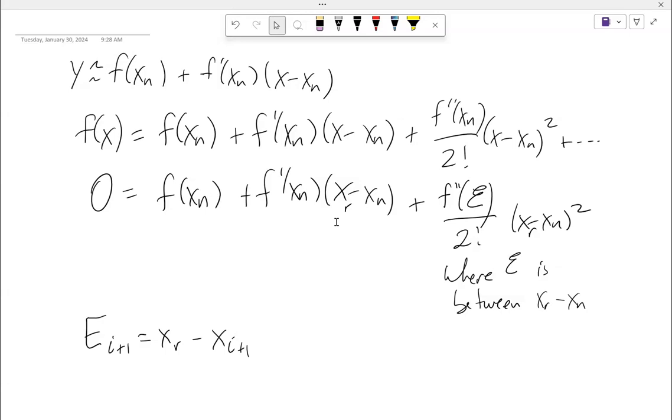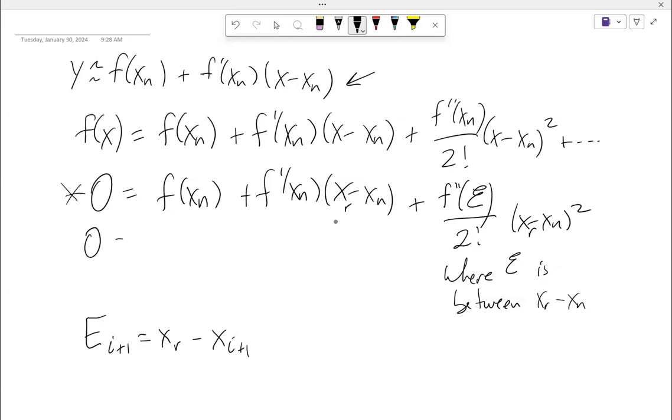Right? Yeah. So right now we've got this equation equal to 0. If I take the intercept for that one, it means that you're going to plug in x of n plus 1, right? Because that's how we get the intercept, we put x of n plus 1 into the line. That's how we find the intercept.